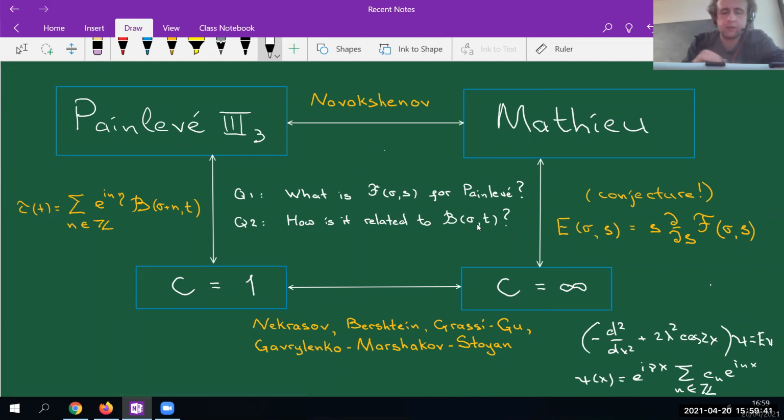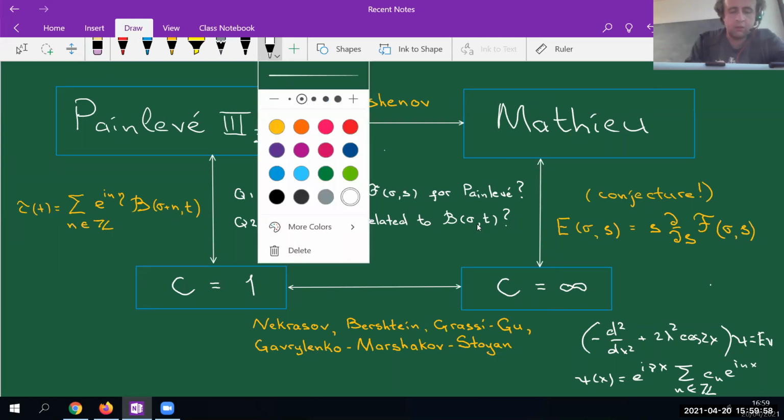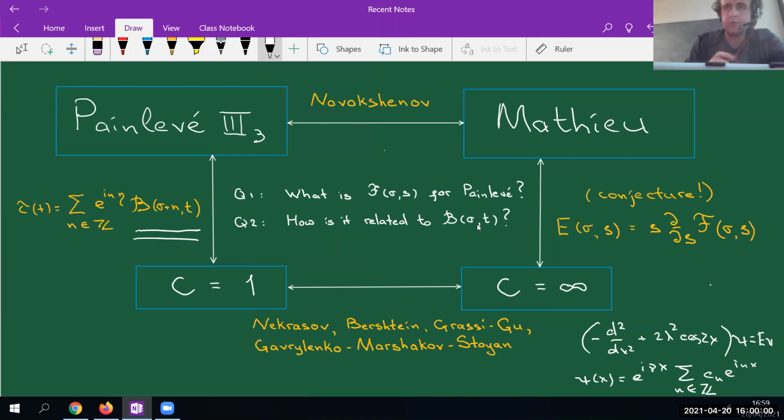We discussed this a little bit in the first lecture. So what we can ask is the following. Just forget about CFT. We have a function B, which is a very well-defined convergent series, given the general solution of this.